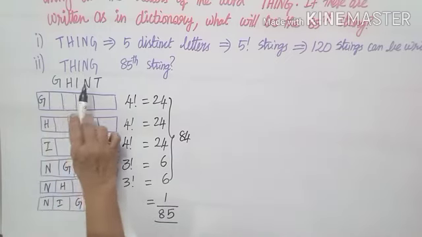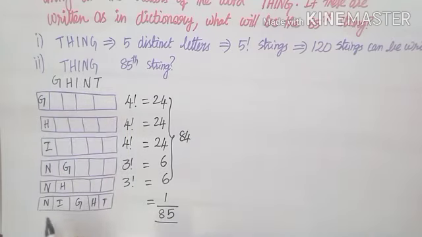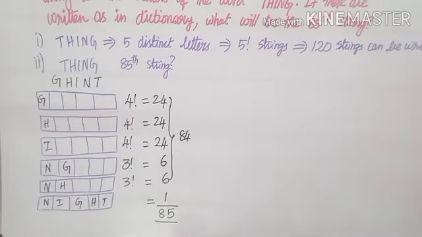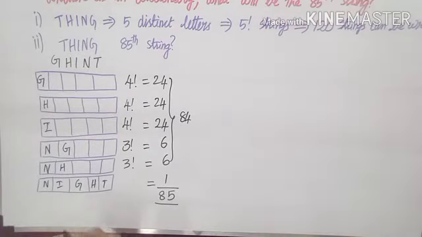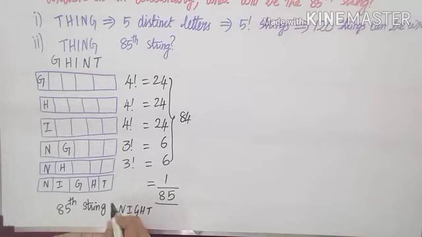NG over, NH over. So I am writing NI. After NI, the remaining I write in order. I get NIGHT. So the 85th string is nothing but NIGHT. So the question was to find the 85th string, and we have found the word. The word is NIGHT.